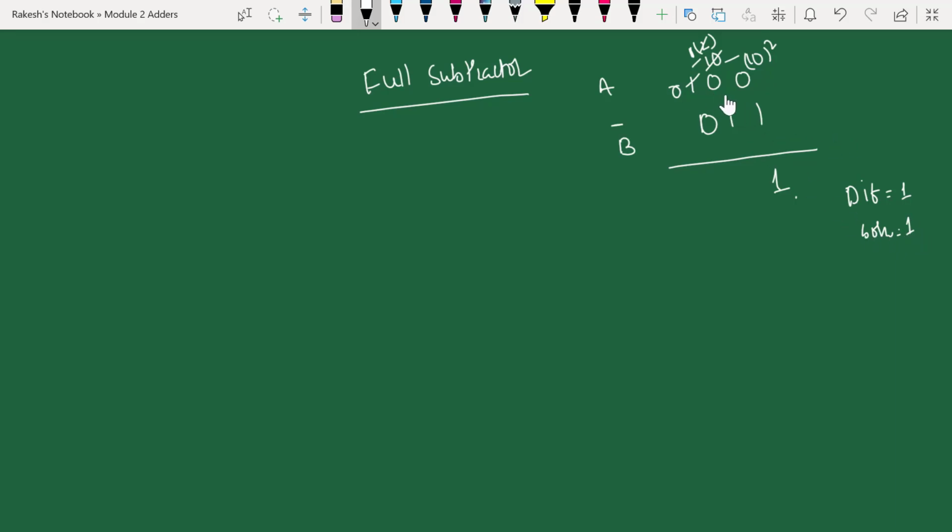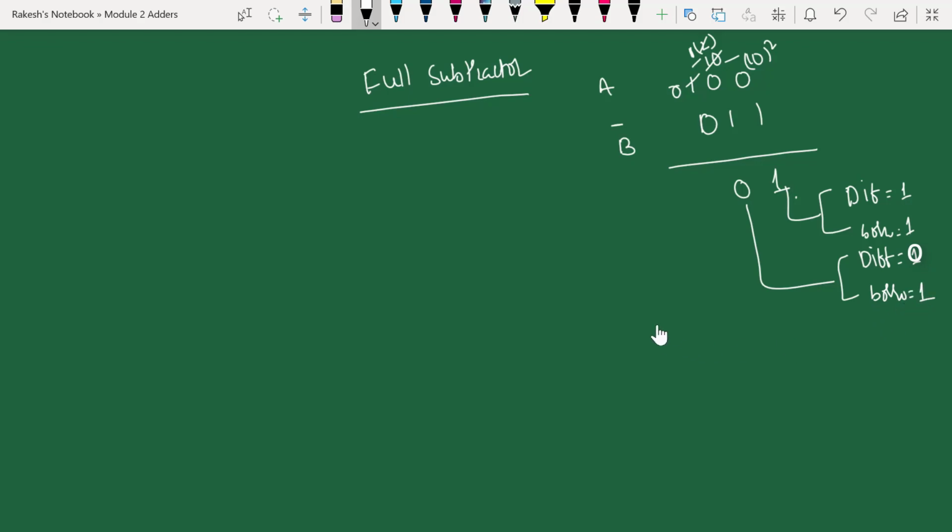But in this case, if you look here, it already gave a borrow. That means you have to subtract 1 from this place, and do the subtraction. In this case, you have 1 minus 1 which is 0, but you can see here a borrow operation was already taken. That means this is related to this. If you take this one, the difference is 0 and the borrow is 1.